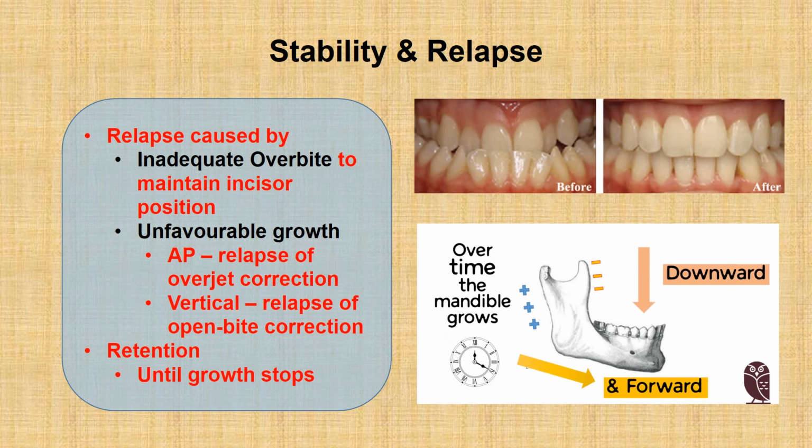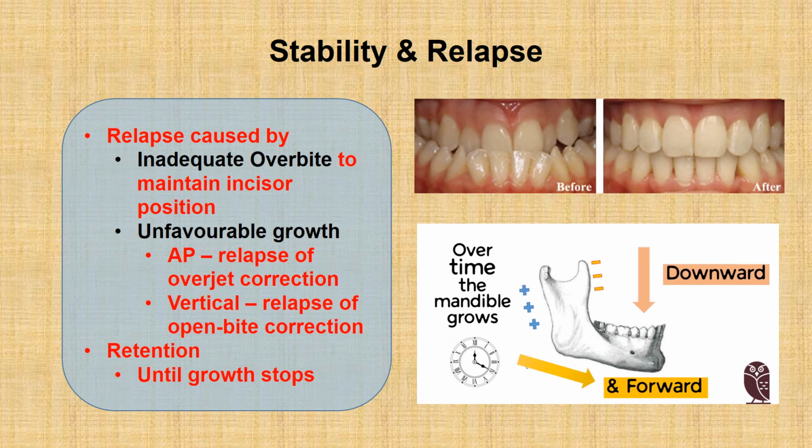Okay, stability and relapse. Now, a relapse of a class 3 malocclusion is usually caused by two main factors. One is an inadequate overbite, and this means the overbite is insufficient to maintain the corrected incisor position. Now, the second factor is unfavorable growth.